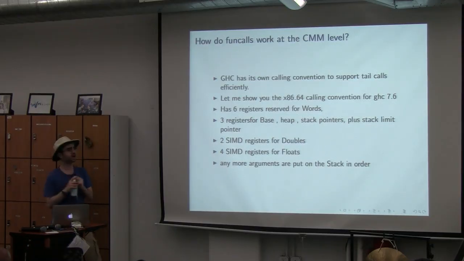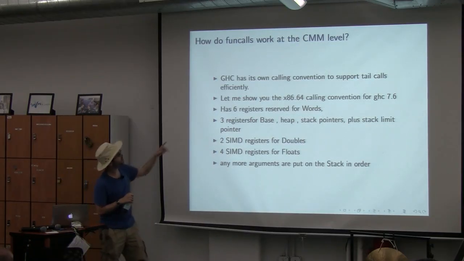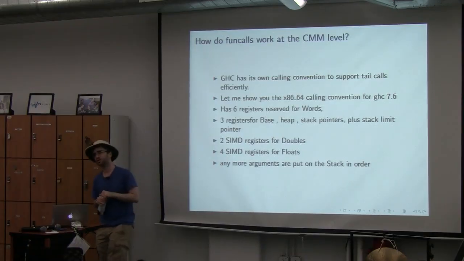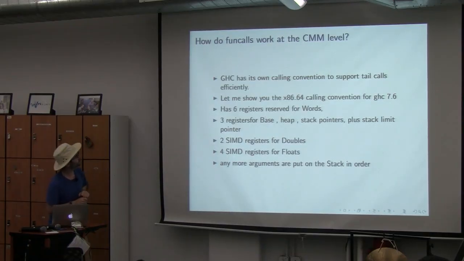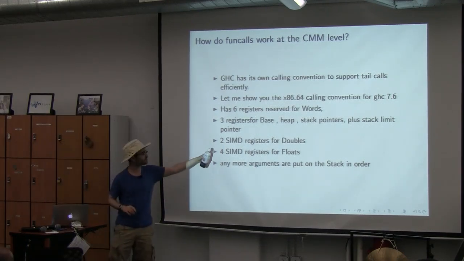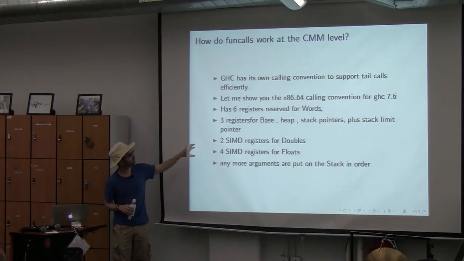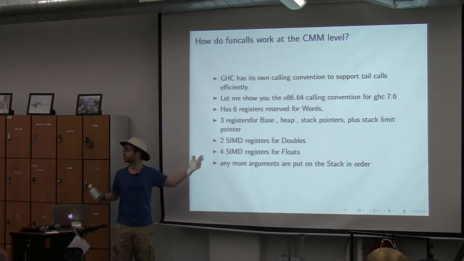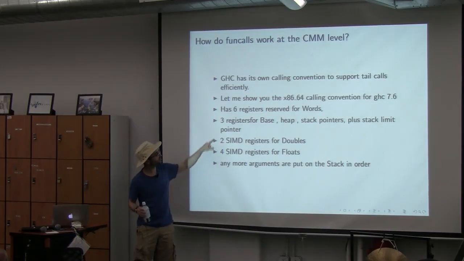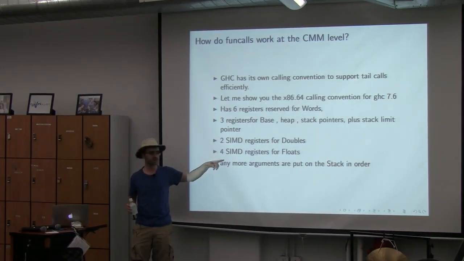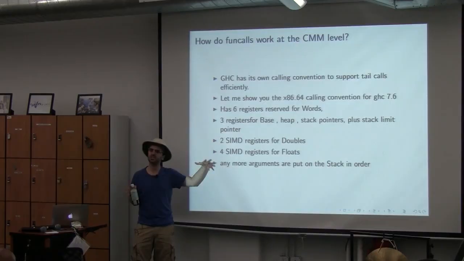It's the same. So you have 6 registers assigned for words. You have 3 registers for base, heap, and stack. OK, so 4 registers. I can't count. 2 SIMD registers for doubles and 4 SIMD registers for floats. In GHC 7.8 or current head, all 4 of these first SIMD registers you can use freely for doubles, floats, or sort of SIMD vectors.